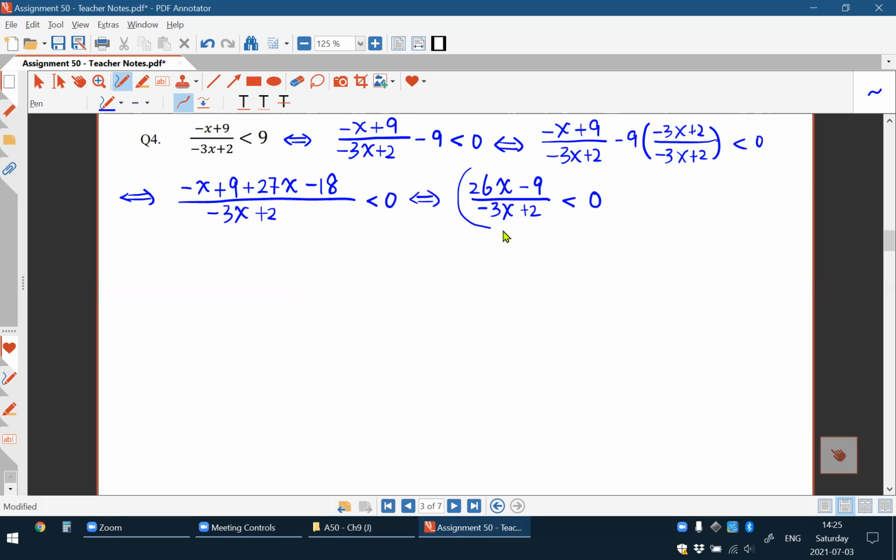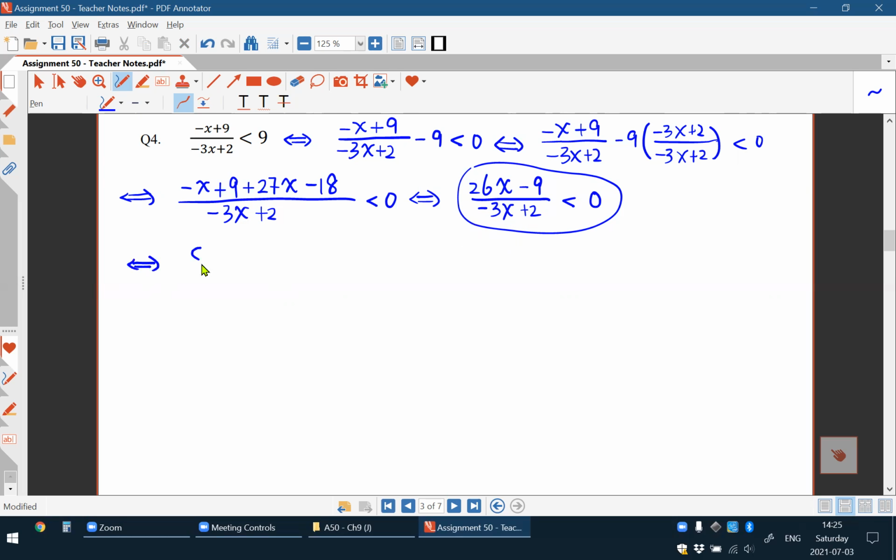Okay, and now we have a ratio that is less than 0, which is a negative number, right? That means the signs in front of the numerator and denominator should be different, right? If one of them is negative, the other one is positive. If one of them is positive, the other one should be negative, right?